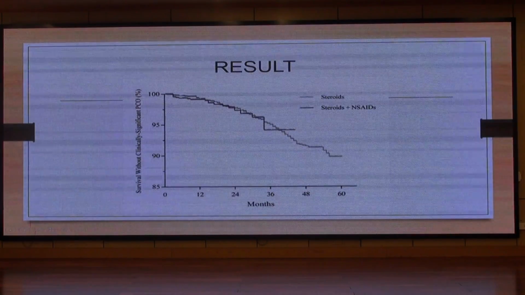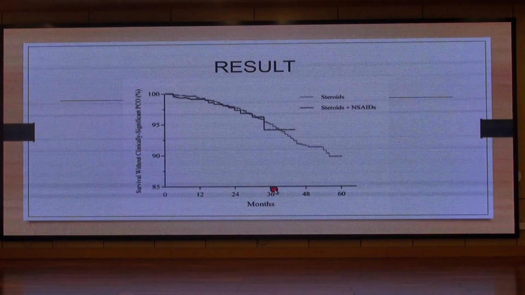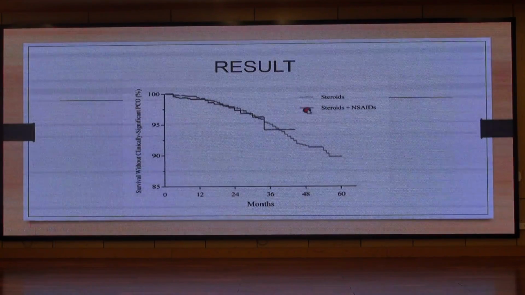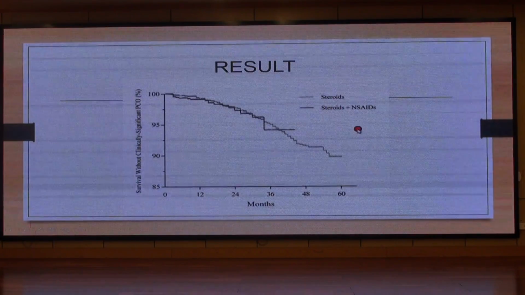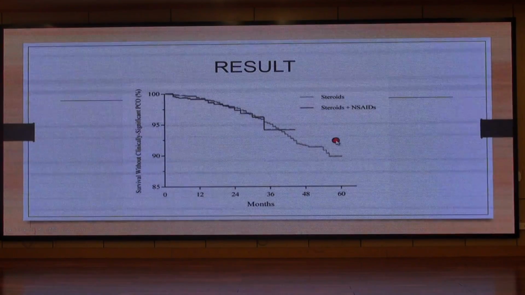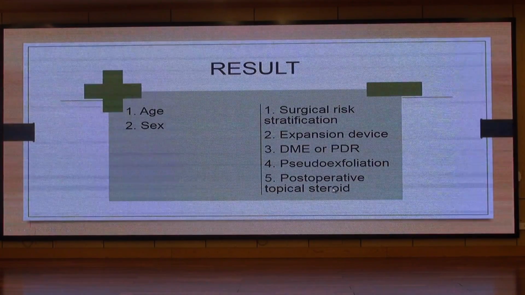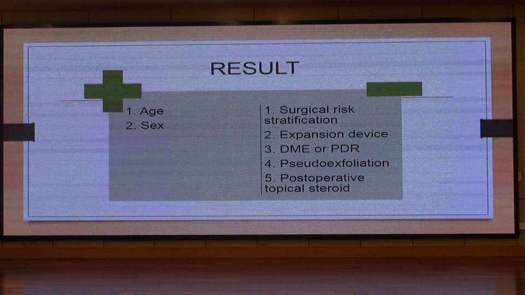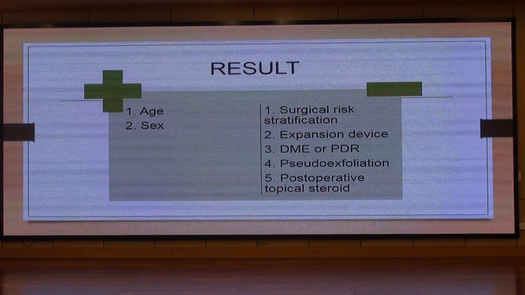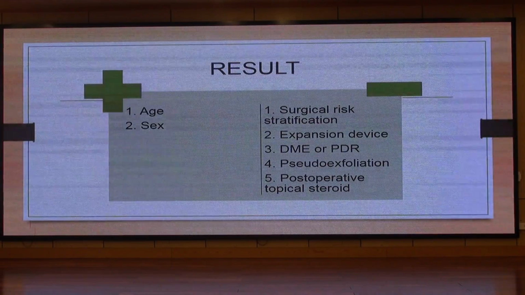And the third graph shows us the difference between two groups, the group using steroid and the group using the combination. And you can see there is no difference between the two groups. The research also shows some factors that can affect the PCO rate, which are patient's age and patient sex.